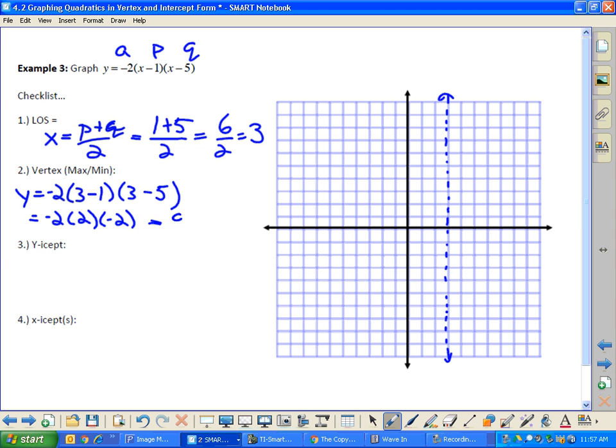And then this would be 8. So we get the point (3, 8). We know our x-intercepts already, so I'm going to jump down and do that. That's just your P and your Q. So there's not really a whole lot of work for these. It's just (1, 0) and (5, 0).